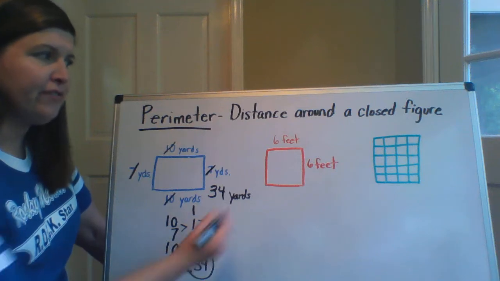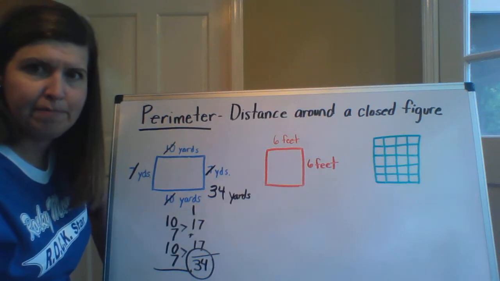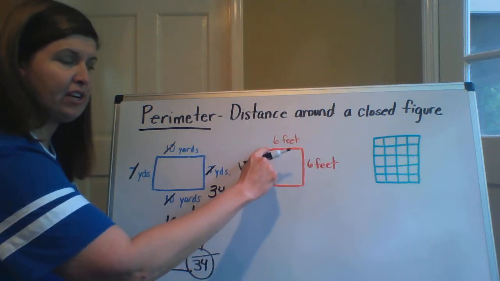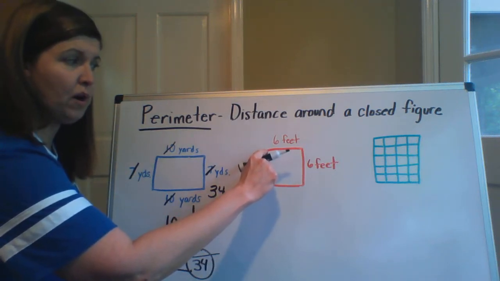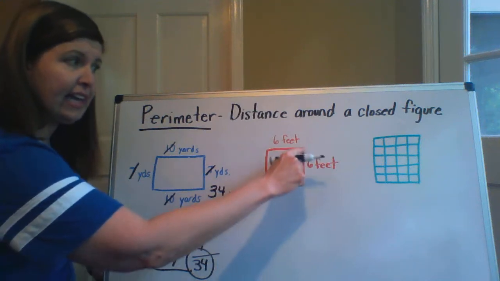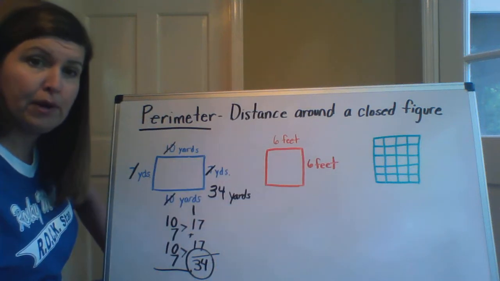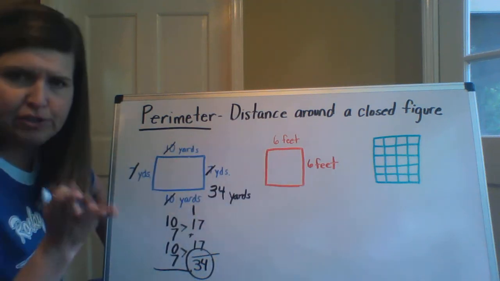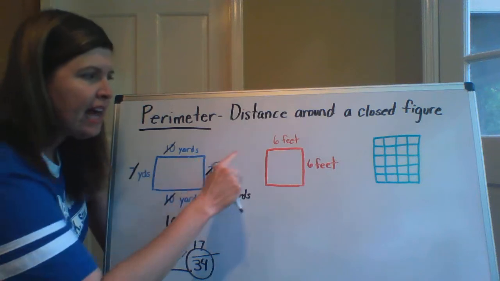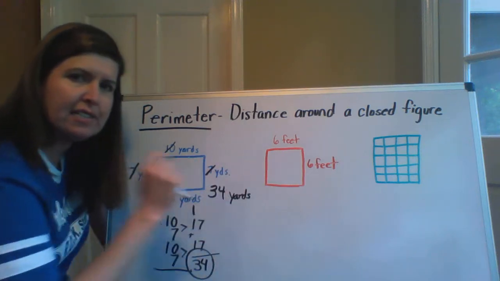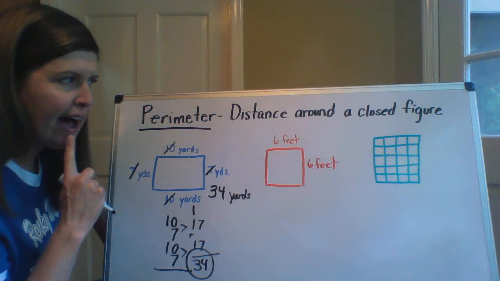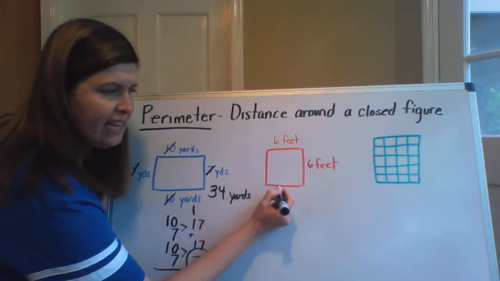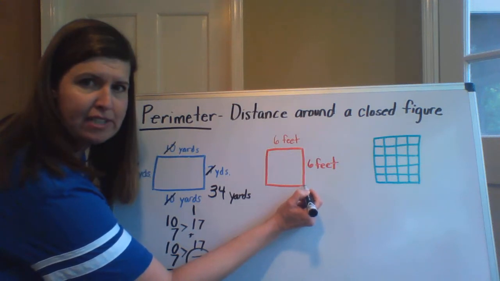Here, for our next example, we're going to look at a square. I know this is a square because it already shows me that on length and width, it is 6 feet for both. Now this is really interesting. On this one, we're measuring in feet. Of course, this is a model, but there are no measurements on this side. I can look at this and say, this side of my square is the same length as this side of my square.